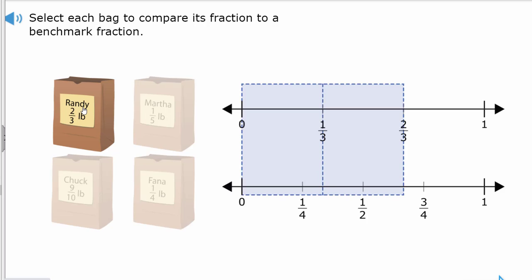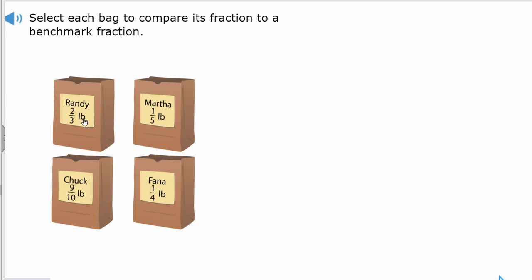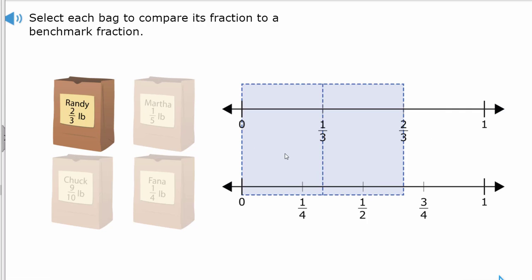Okay, this is the first one. And as we go, we will decide if this fraction is more than or less than any of the other fractions in the benchmark fractions.